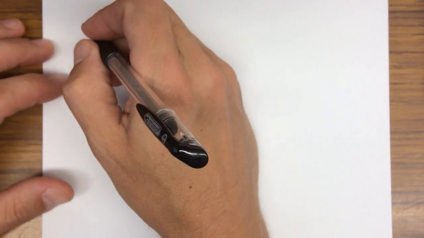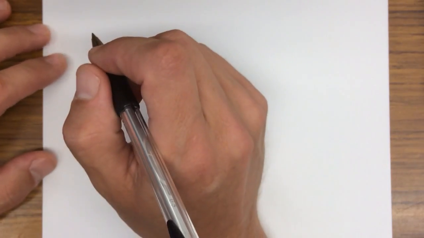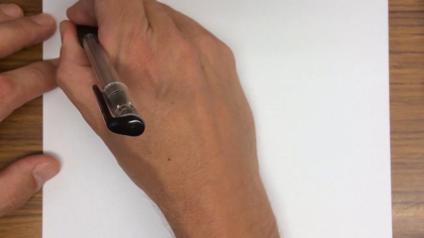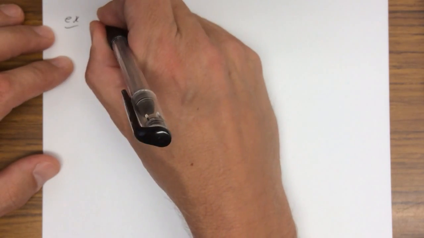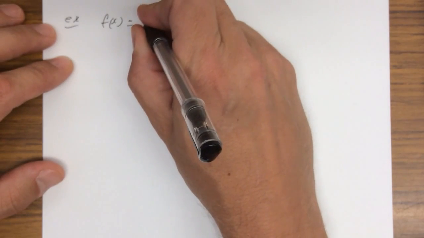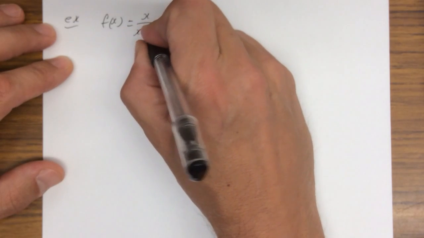So to take a look at completely graphing these rational functions, where the degree on the top and the bottom is the same, let's go back and look at our first example again. That was f of x equal to x over x minus 2.